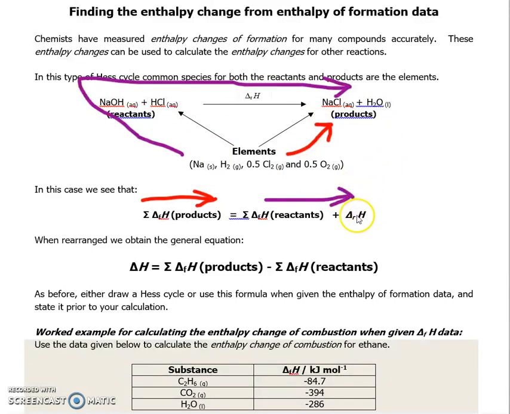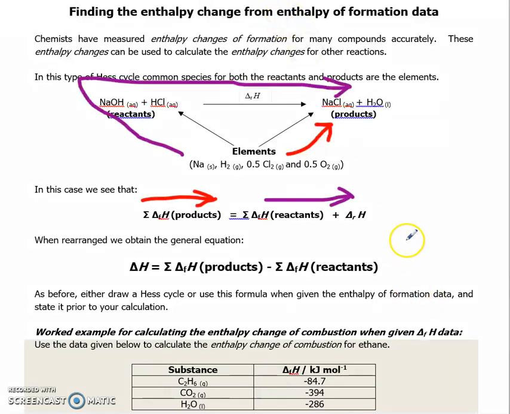This equation is no good to us because we're really interested in the enthalpy change of this reaction. To generalize it, the enthalpy change is equal to the sum of the enthalpy change of formation of the products minus the enthalpy change of formation of the reactants.